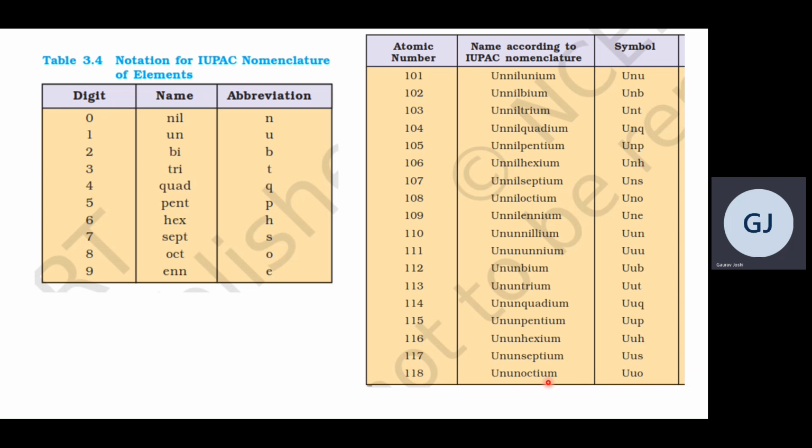Then we have to put a suffix, that is ium. So the name will be ununoctium. So this is how the name is given.